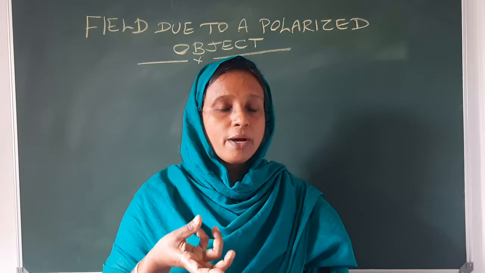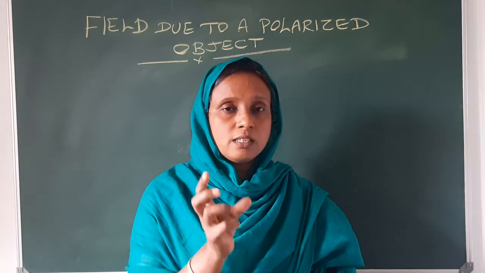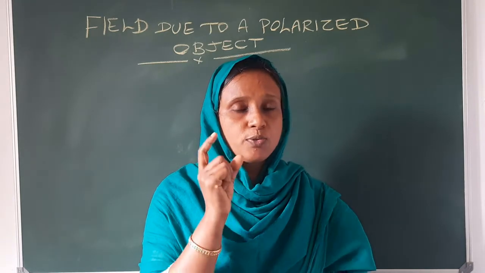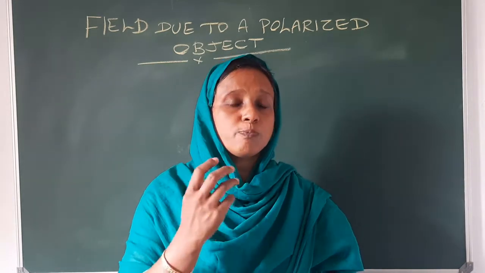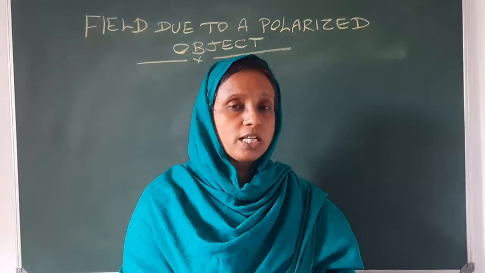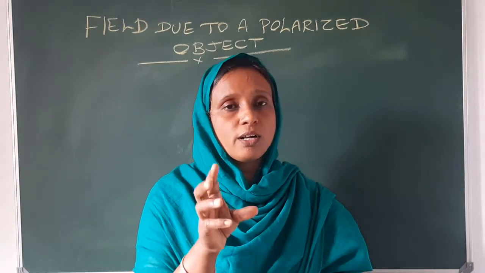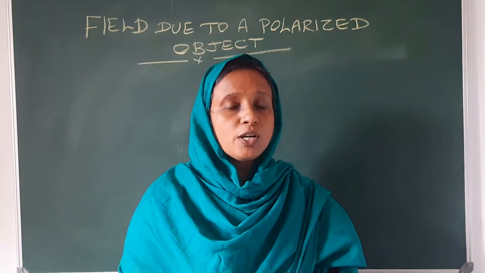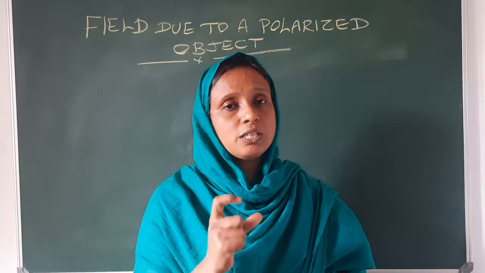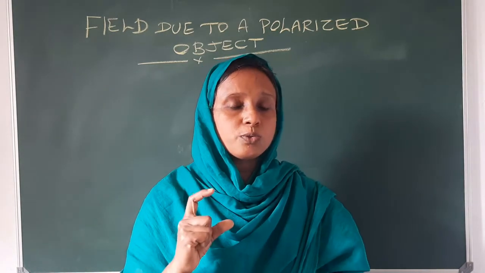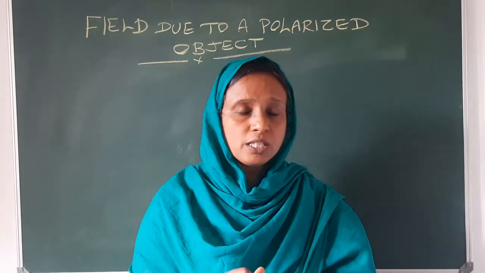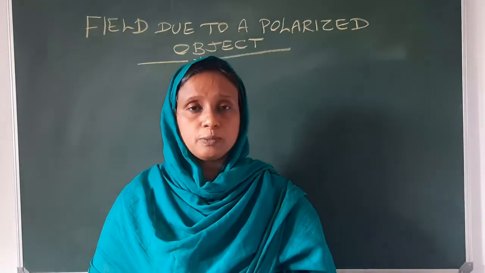So by expressing the potential due to individual dipoles and extending the concept to all the dipoles, we can find the electrostatic potential produced by a polarized object. Once you get the potential, you can find the electric field using the expression E equals minus gradient V. That is the procedure we follow in this section.